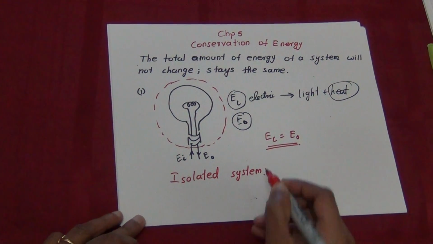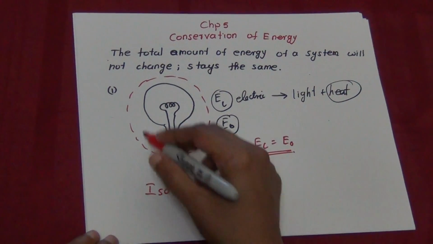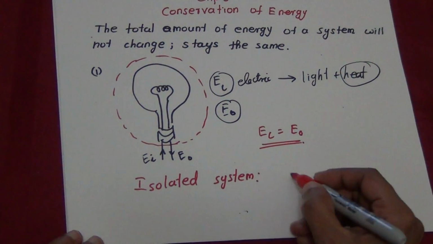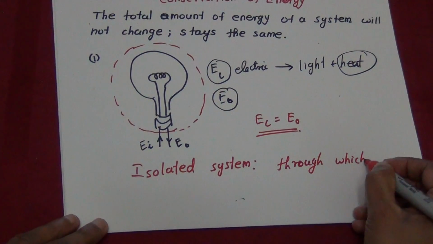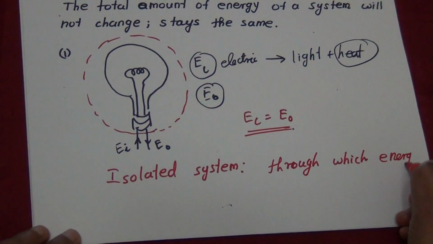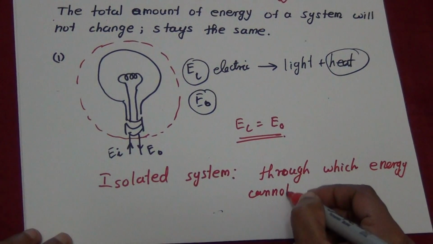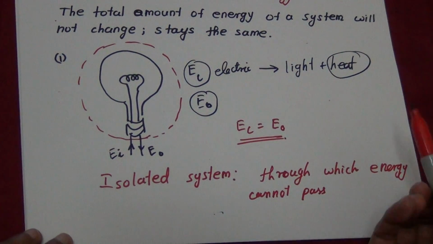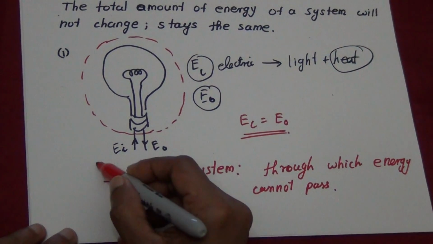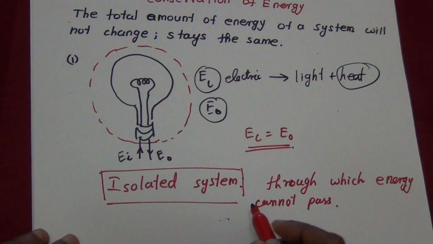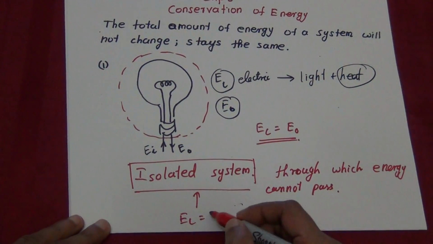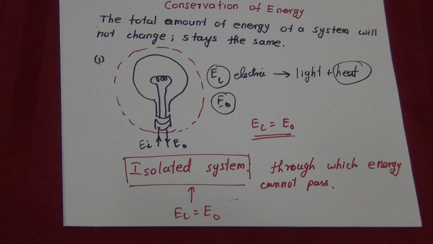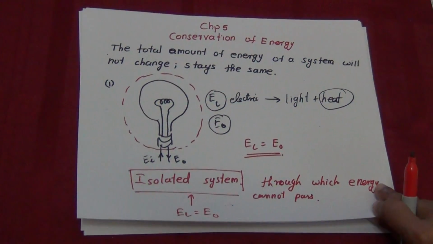An isolated system means a system with a boundary through which energy cannot pass out, or any other energy cannot come into it, right? Such a system is called an isolated system, and in it the total energy input is always equal to the total energy output, right?